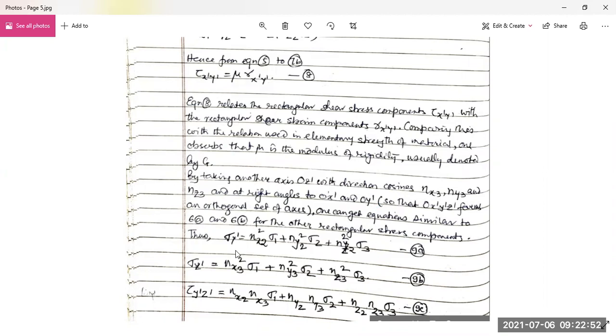Sigma y dash, sigma z dash is given by nx2 square sigma 1, ny2 square sigma 2 and nz2 square sigma 3. Same is the case with tau yz and xz, where nx2 nx3 into sigma 1, nx2 nx3 into sigma 2, and so on for sigma 3 itself.